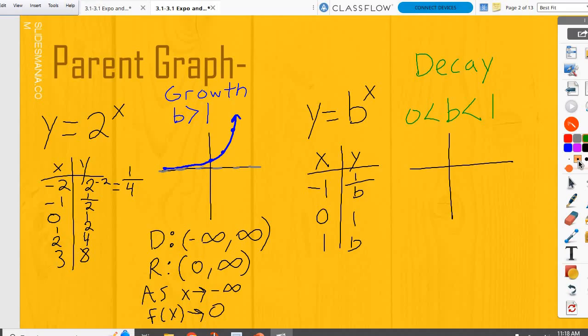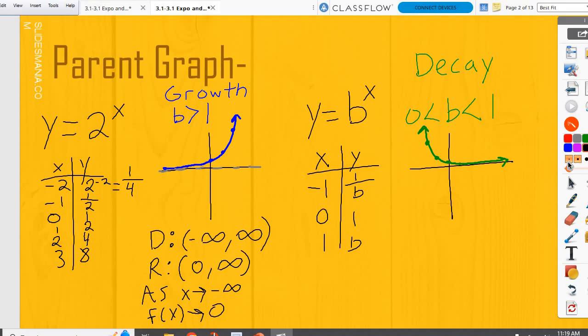2, right? Because I would multiply by the reciprocal. So that means that on the left side is actually going to be where it's getting bigger and bigger. And notice that if my base is a fraction, b is just going to be that fraction still. So what ends up happening is that it gets closer and closer to 0 on that right side of the graph instead.